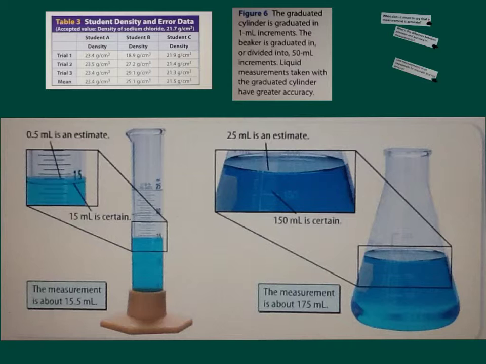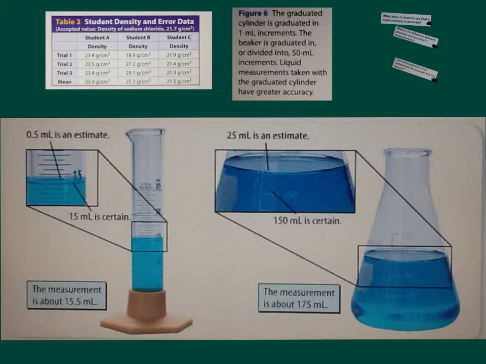Some measuring tools are not as accurate as others as we talked about. So the flask that's right here is divided into 25 milliliter increments. But believe it or not, it measures volume with less accuracy than the graduated cylinder right here, which is divided into 0.5 milliliter increments.